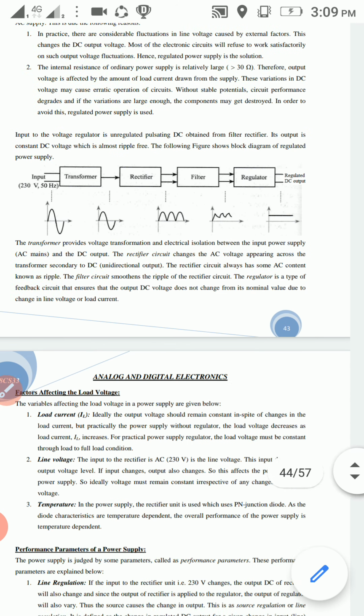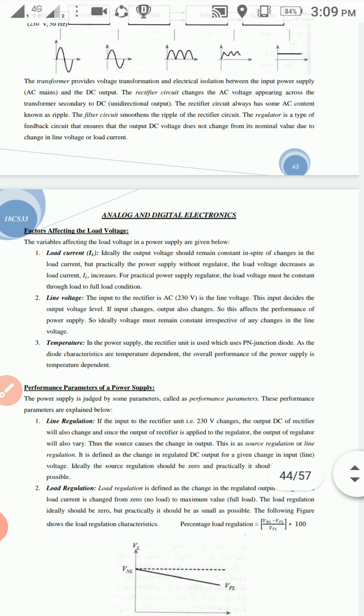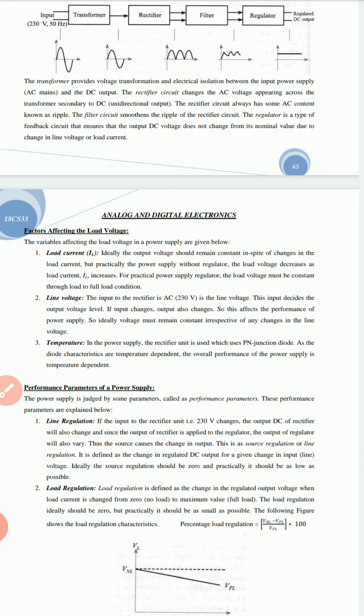The third factor is temperature. In a power supply, the rectifier unit uses PN junction diodes. As the diode characteristics are temperature dependent, the overall performance of the power supply is temperature dependent.